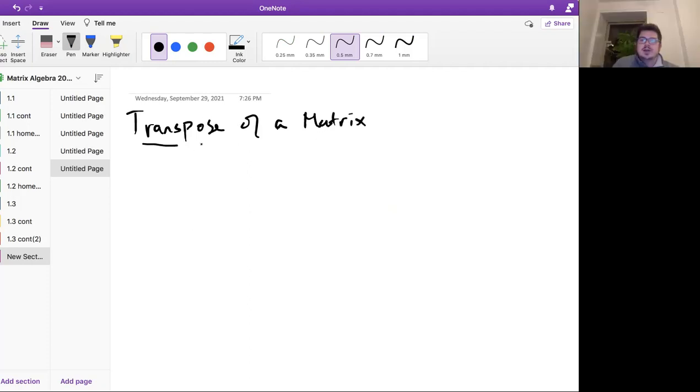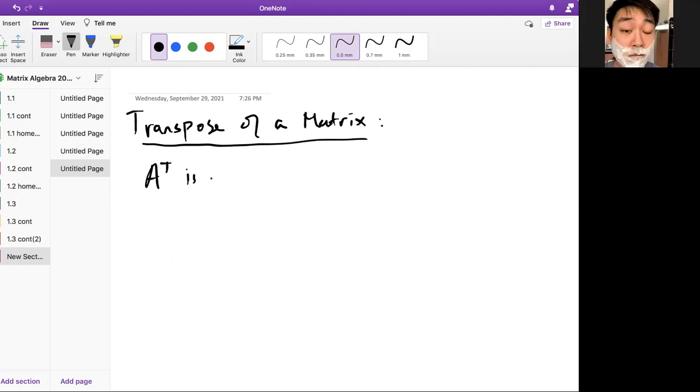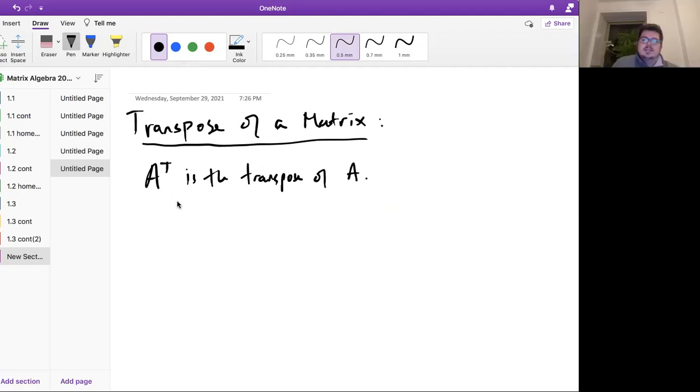So we did this last time, but I just want to spend more time on it. Could someone remind me what transpose means? That's the transpose of A. Yes, the idea is that rows become columns, rows and columns flip.